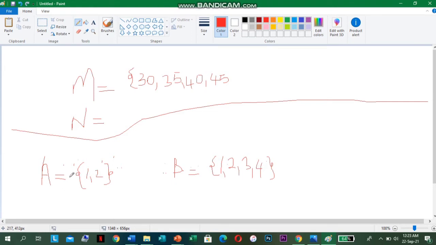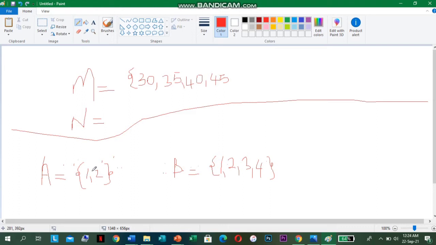Some of the elements that are in A are in B. So therefore we can say that set A is a subset of set B, because A contains some elements that are in set B.